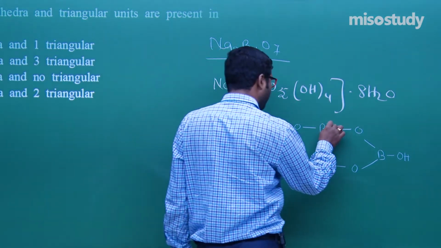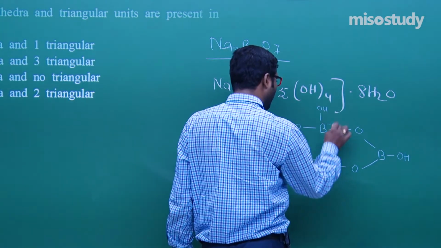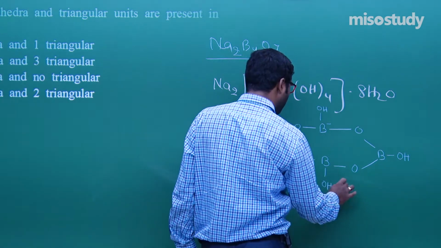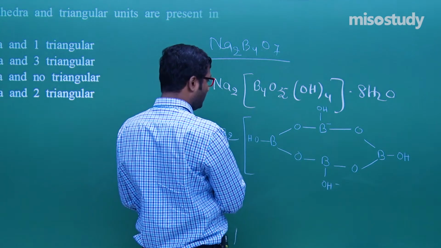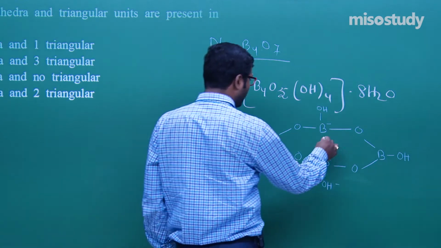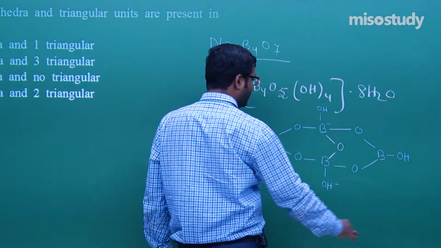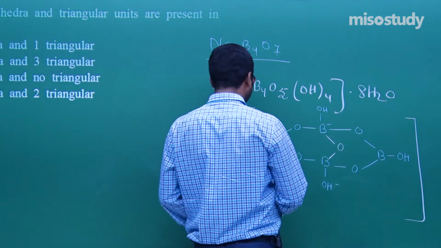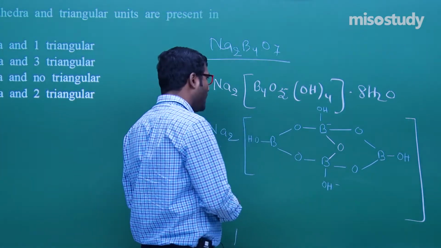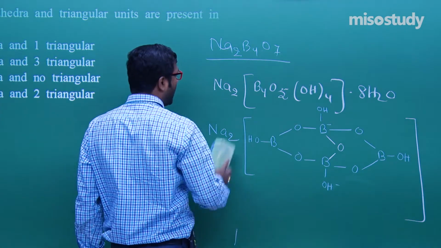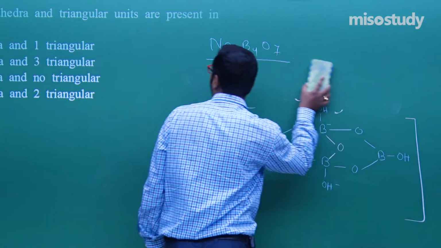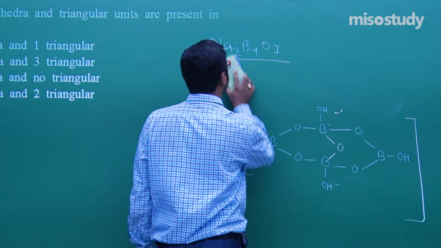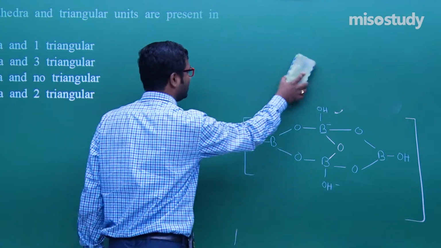B minus, put here OH, put here OH. Count. Okay, now one more oxygen here. This is the structure of borax. Now by using the structure, how do we find how many tetrahedra and triangular units there are?